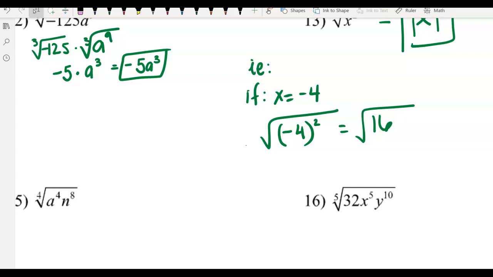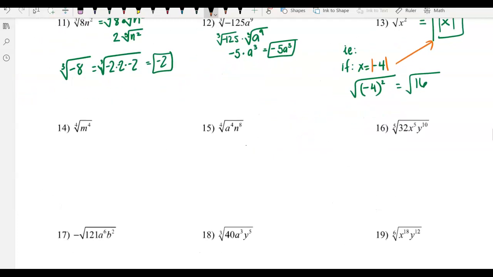But we said x was what? -4. But if you put an absolute value around this, is it now positive 4? Yes or no? Yes, and that's what's happening. Because with an even index we have to be cautious with the variables. Is that understood?